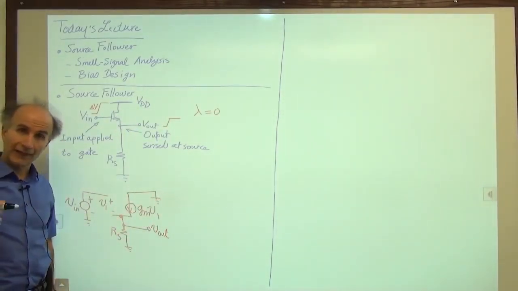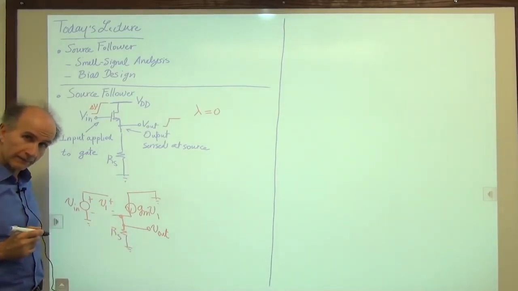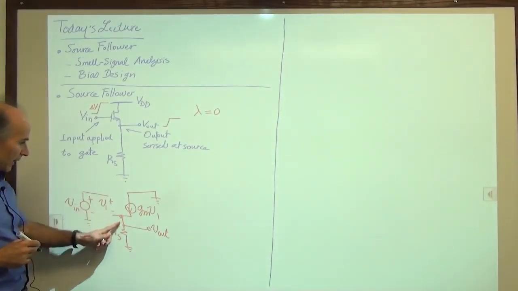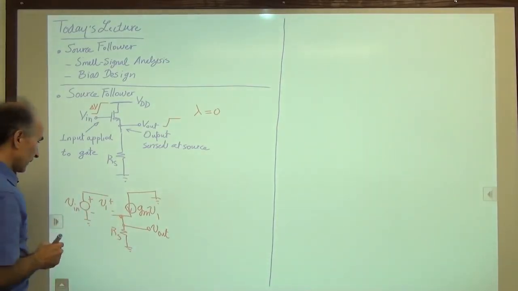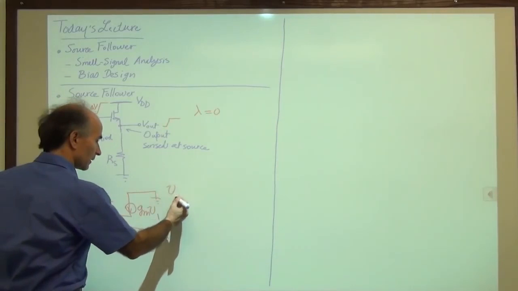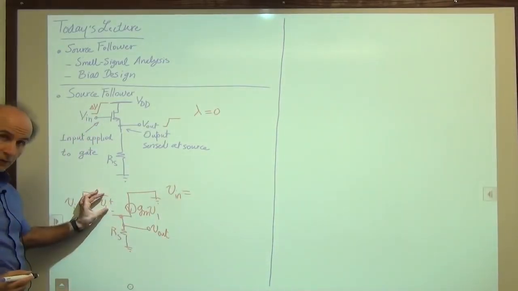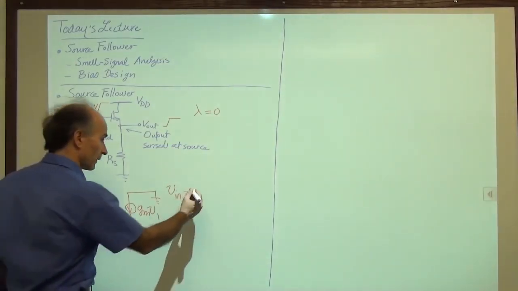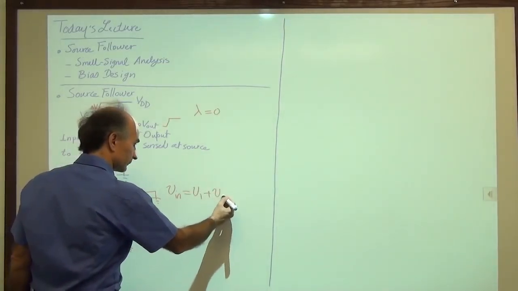As usual, we would like to eliminate V1 and find V out over V in. Okay, well, that shouldn't be that hard. Let's write a KVL around this loop. What we see is that we have V in. This voltage is equal to this voltage plus this voltage. And this voltage happens to be V out. So we have V in is equal to V1 plus V out.